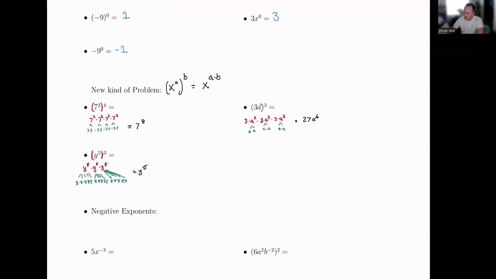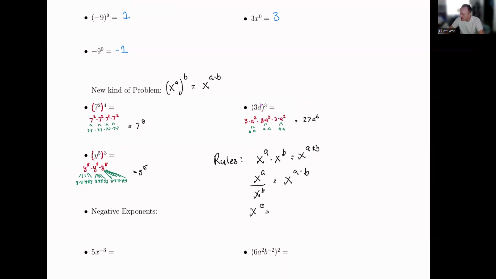Okay, so let's recap what the rules are, right? We had x to the a times x to the b is adding the exponents. X to the a over x to the b, so long as they're the same base, you're subtracting your exponents.